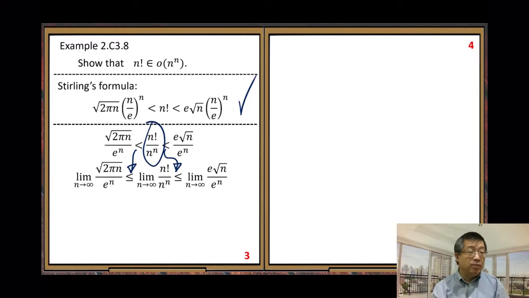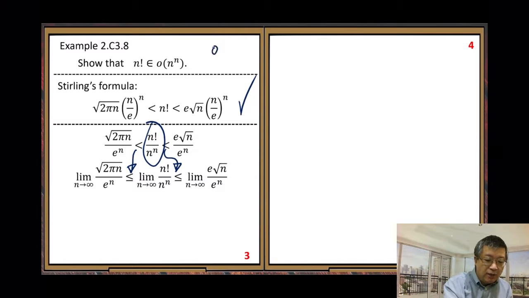The reason is simple: even if the original inequality is strictly less than, the limit could be equal. That's based on our experience from limit calculation. Let me give you a simple example.